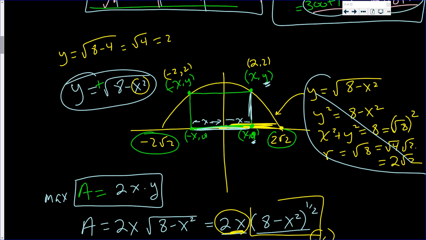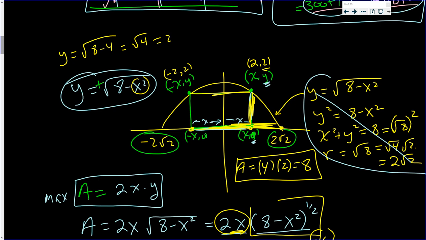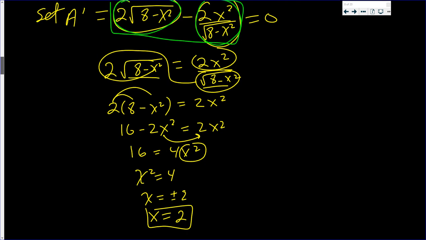The base is going to go from negative 2 to 2. So the base is 4, and the height is going up 2. So the largest area is 8 square units. The largest area that you can put in there is 8 square units.